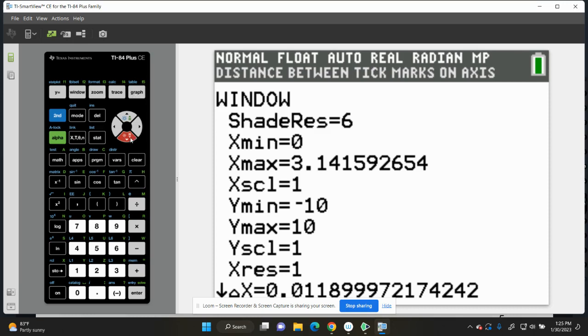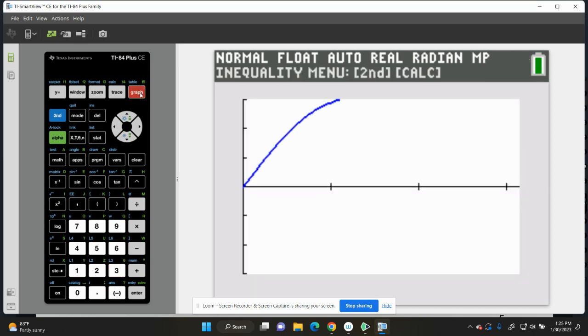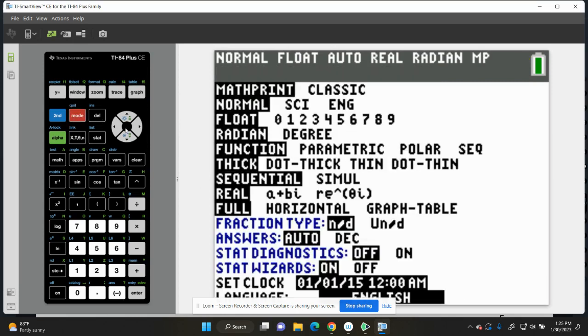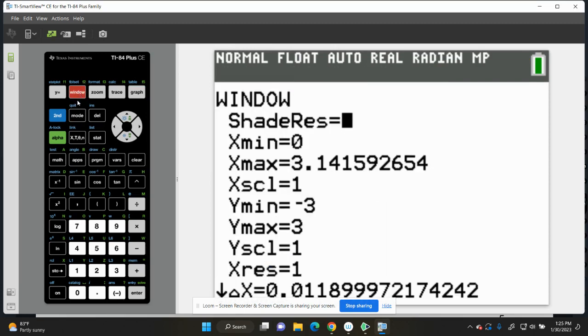And we'll go -3 to 3. You're basically solving for x. Yes, we're solving for x. 0 to pi.